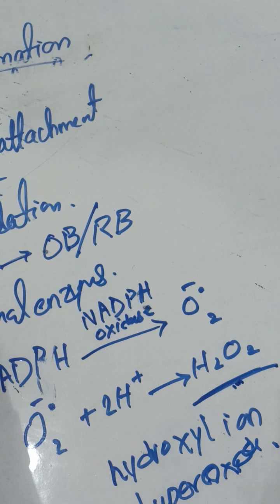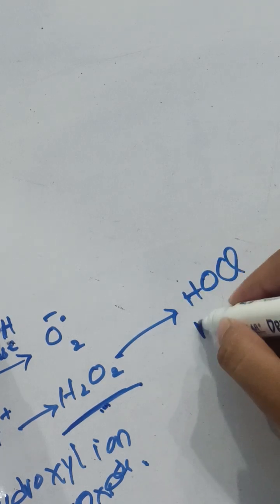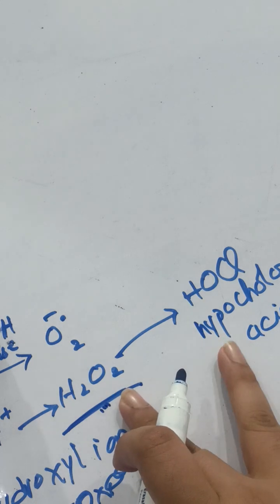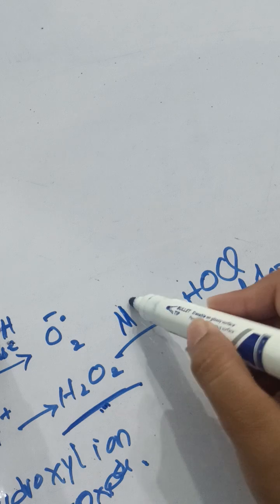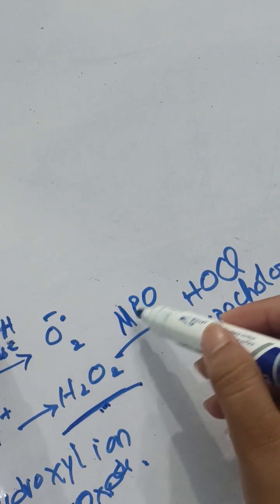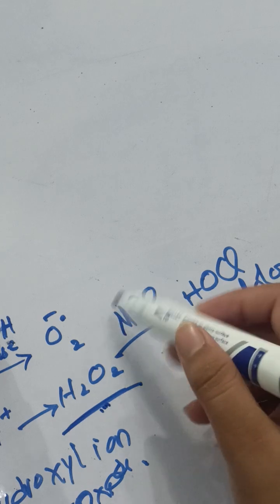Next is the production of HOCl, which is called hypochlorous acid. And how does hydrogen peroxide produce this hypochlorous acid? Through MPO. What is MPO? This is an enzyme called myeloperoxidase. It is present inside the neutrophils, in the neutrophil granules.